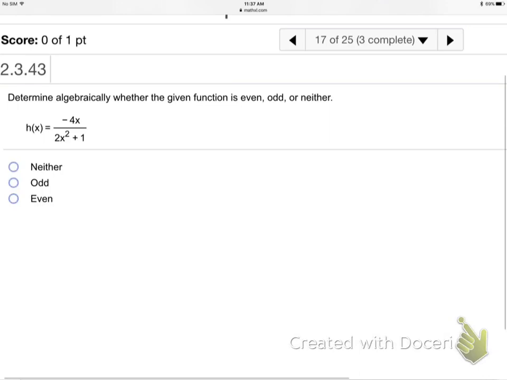All right, so let's plug in negative x, like that. Good so far? I plugged in negative x. Okay, and then simplify it.